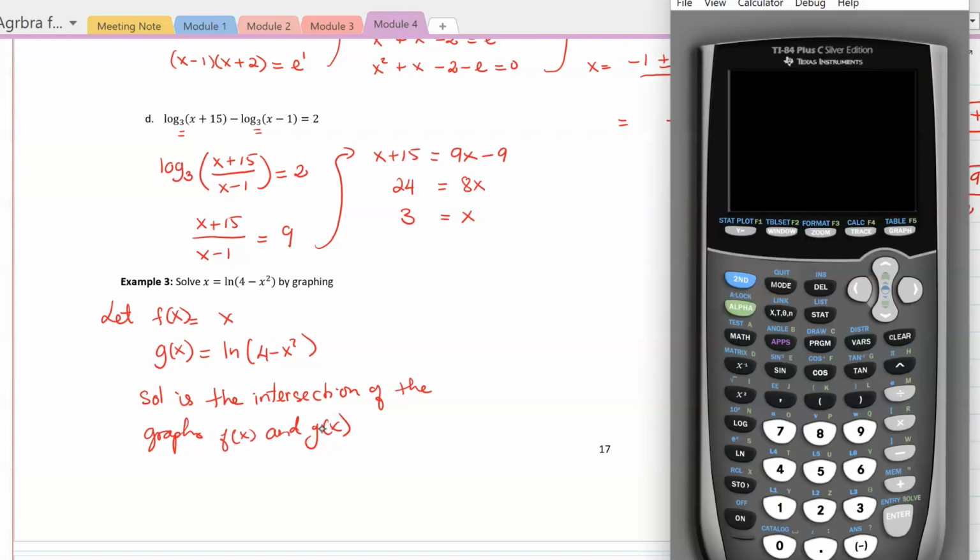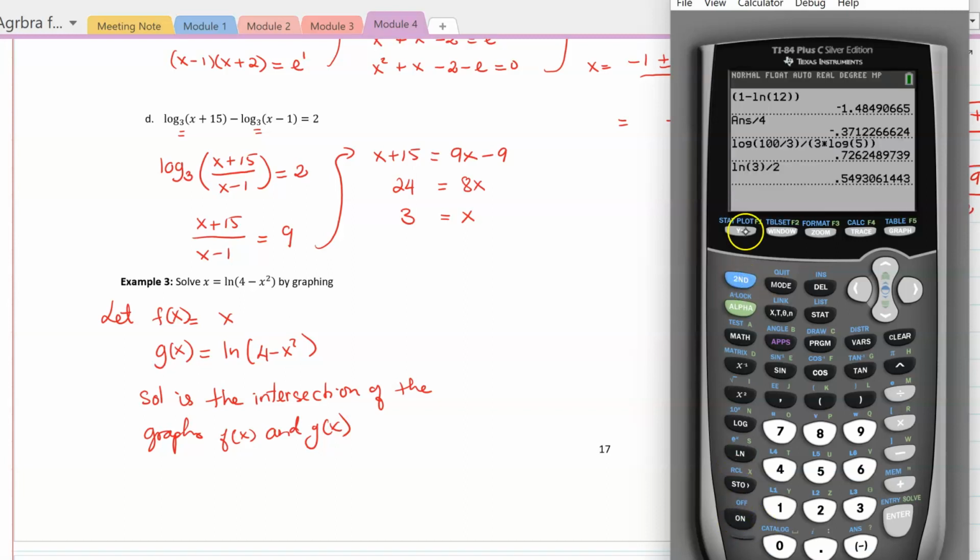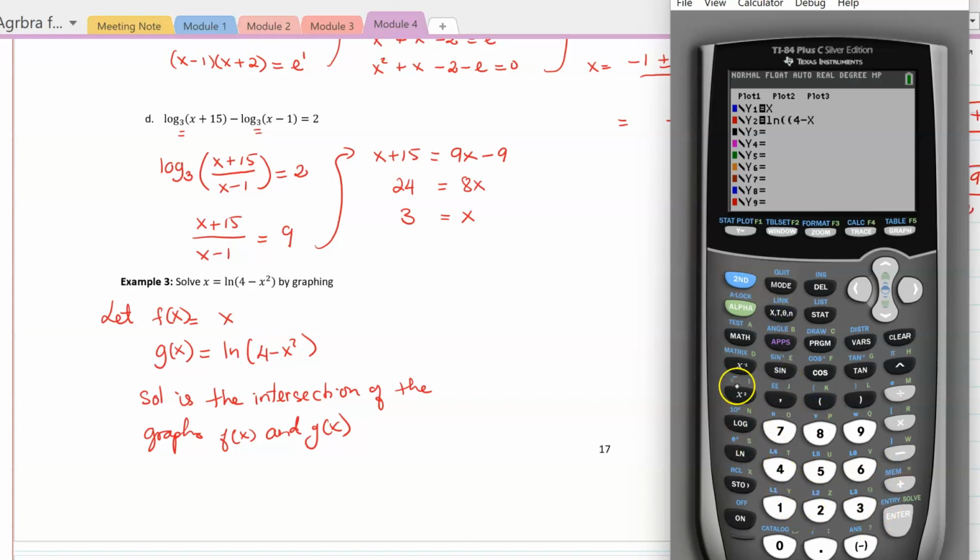So go ahead and start graphing. y equals x, and the other equation is ln of 4 minus x squared. We go ahead and graph, and make sure that we can see our graph, so let's use zoom standard.